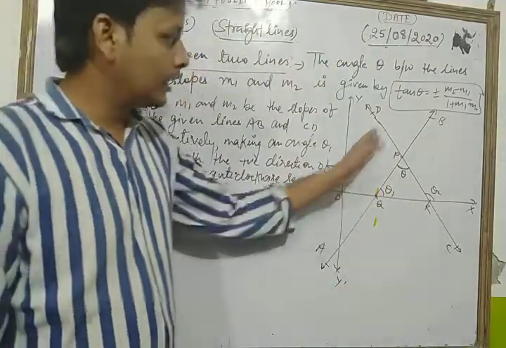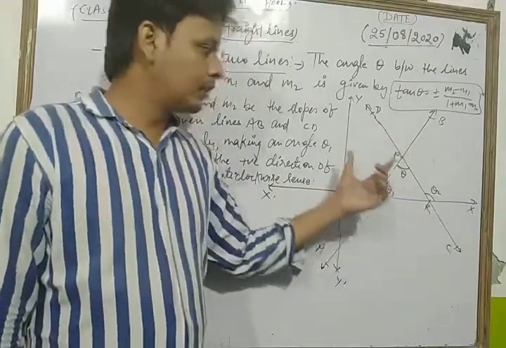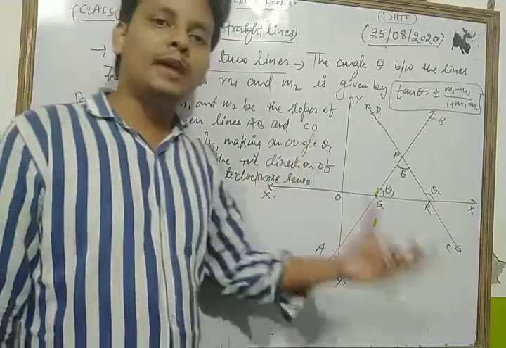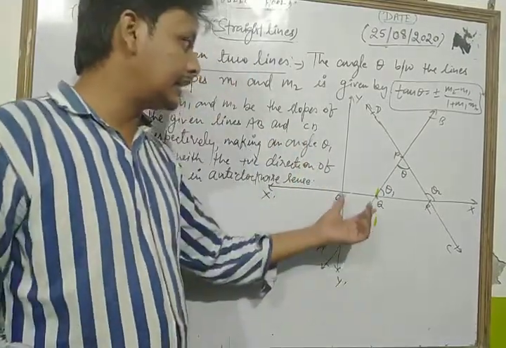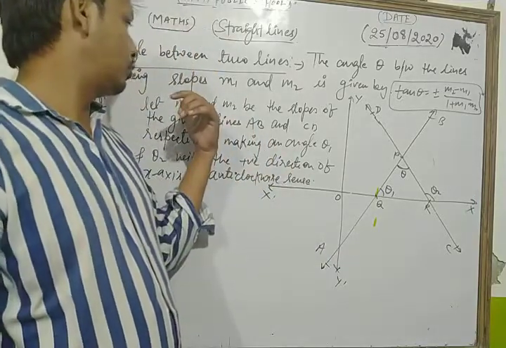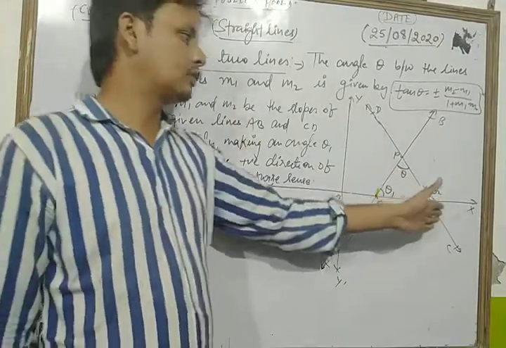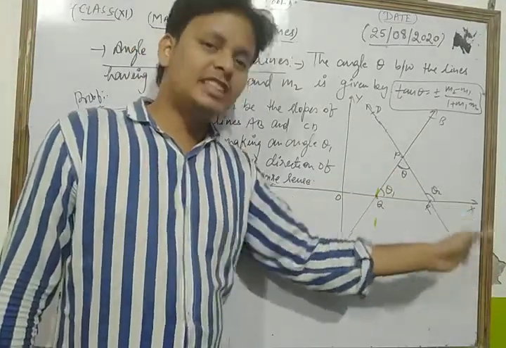Dear students, here AB and CD are two lines having slopes m1 and m2. It means m1 is the slope of line AB and m2 is the slope of line CD.